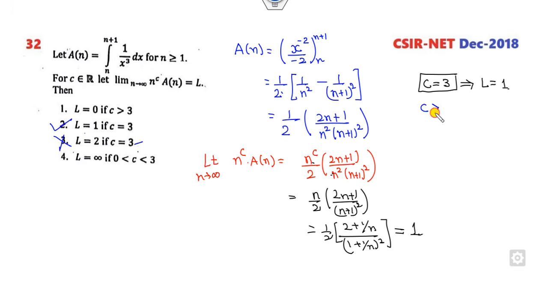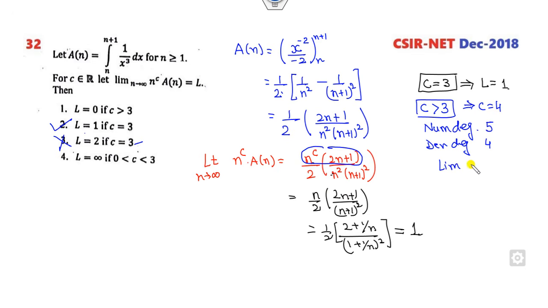Whenever c is greater than 3, what is the numerator degree? You can choose c as, say, 4, then the numerator degree will be 5 and the denominator degree will be 4. So what is the limit? The limit will go to infinity, because the degree of the numerator is greater than the degree of the denominator. Choose any number in between them, so say c is equal to 1.